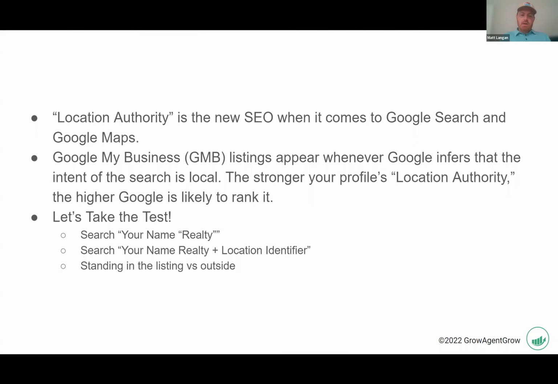That's going to trigger Google, based on the search query, to serve you that specific listing. If you're putting in your exact name followed by realty and some location identifier, whatever cities you live in or outside, you should be showing up.